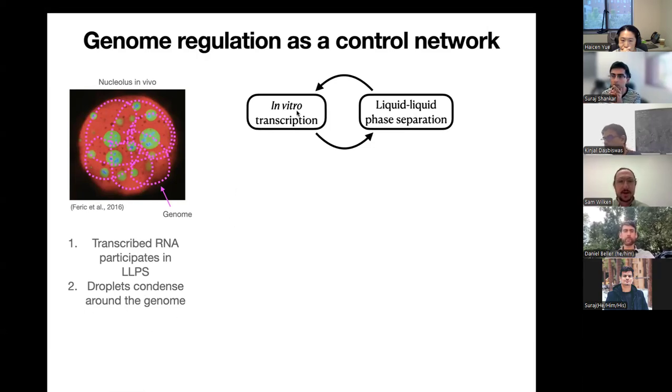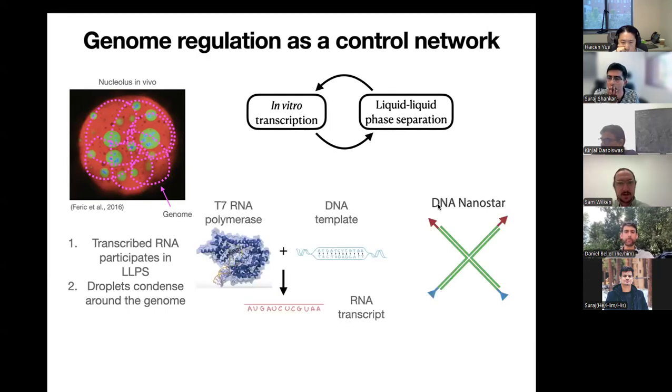And so you might imagine this kind of control network where transcription can turn on a phase separation process that then regulates the initial transcription process by phase separating around certain parts of the genome. And so in order to develop a model system like this, we're turning to in vitro transcription, where a polymerase binds a template and then makes a copy of single-stranded RNA and coupling that to a DNA nanostar.